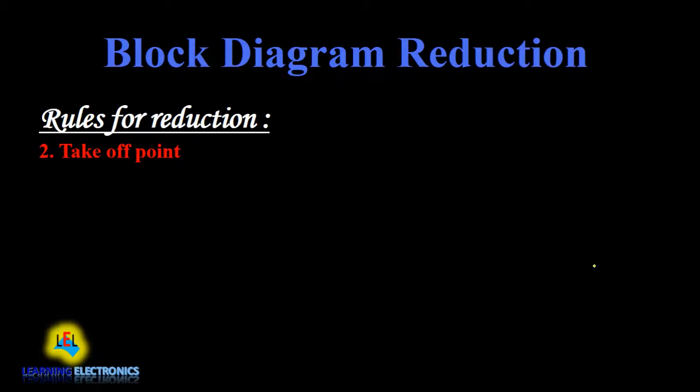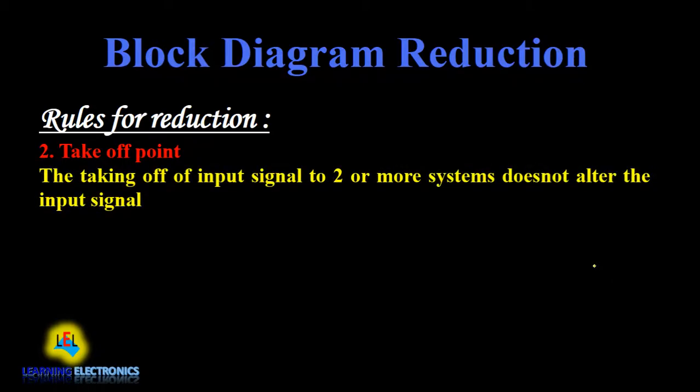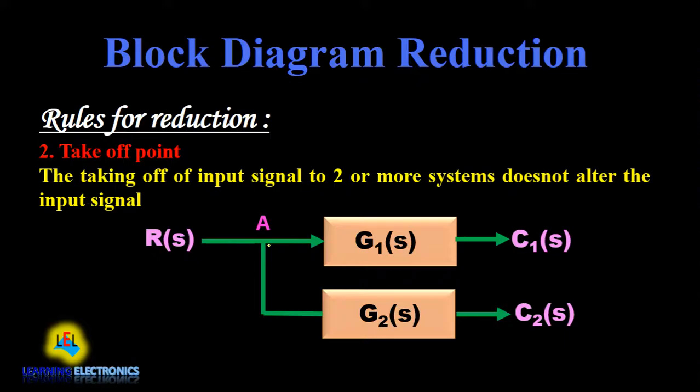Second is the takeoff point. The takeoff point takes off the signal coming into it to the two or more systems connected to it. For example, here the input signal is applied at this takeoff point A. This takeoff point applies the R(s) signal to system block G1 and system block G2 equally.